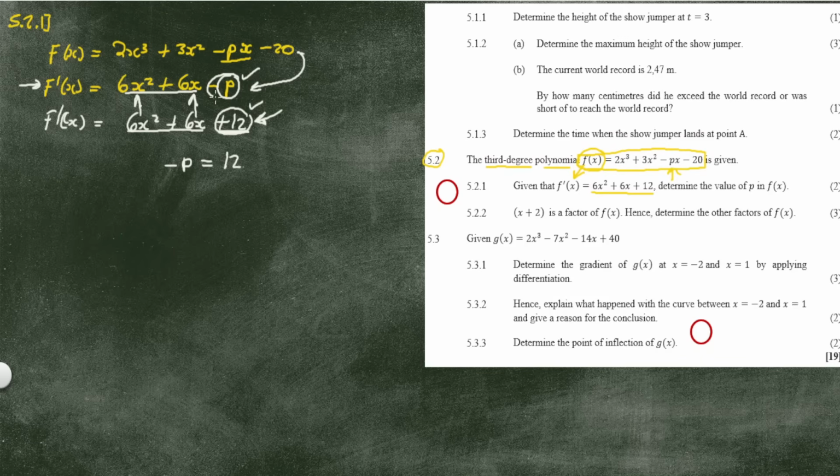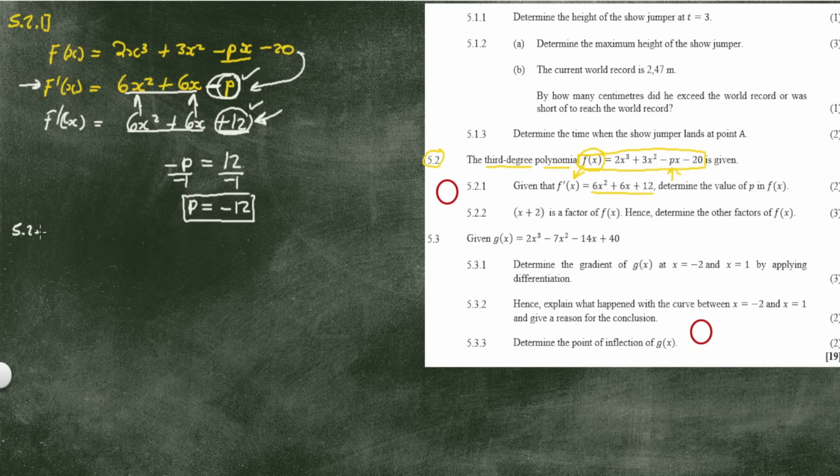Remember, I took minus p with the sign, which is negative, and I took 12 with the sign, which is positive. Divide by minus 1 on both sides, then p is equal to minus 12. So this is my value for p. It's a bit tricky, but it requires you to think a little bit.